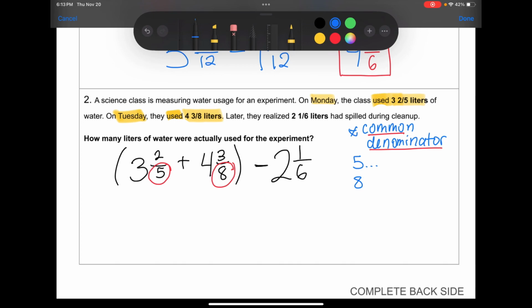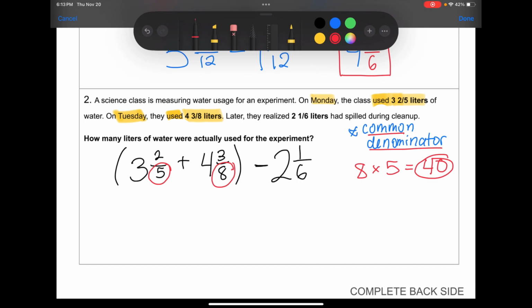Now I could list it, and it could take a while. So a shortcut that I hope that you do from our last homework is that you just multiply it. What is 8 times 5? That's right, it is 40. So this will be our common denominator.